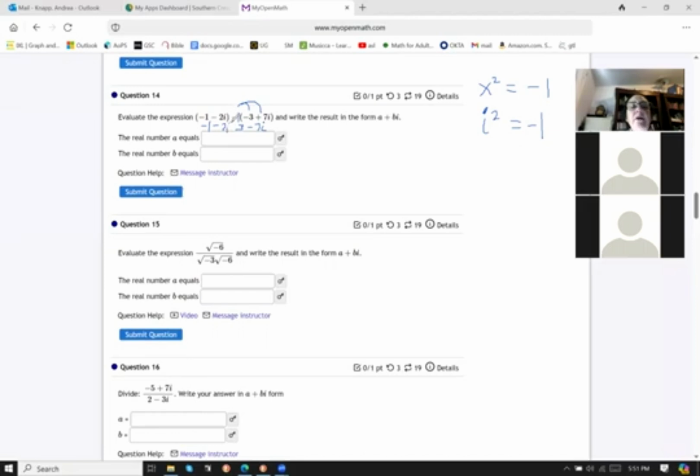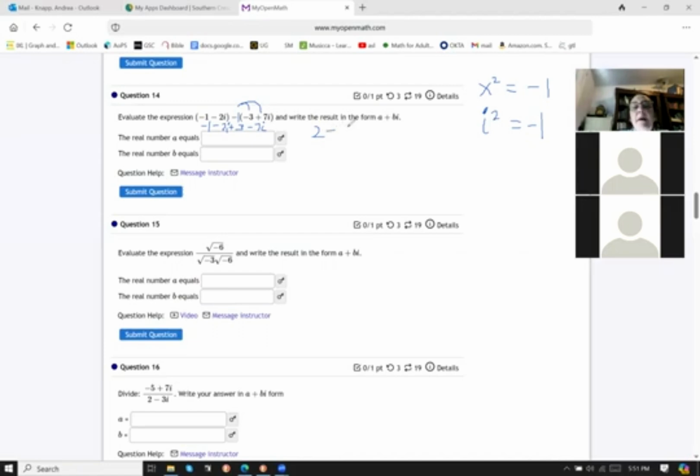And now we can go ahead and simplify, and you just treat the i as a variable if it's just an i. Now, if it's an i squared, of course, you replace it with -1 and you simplify further. Anyway, I see a -1 plus 3, so that would be a 2. And then I see a -2i minus 7i. -2 minus 7 goes even more negative.